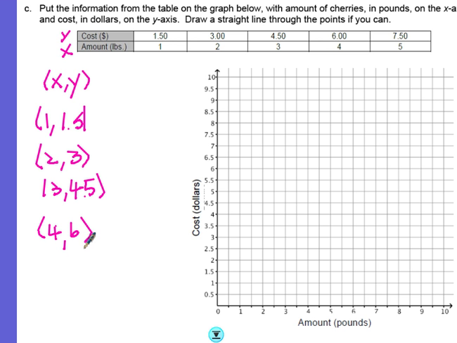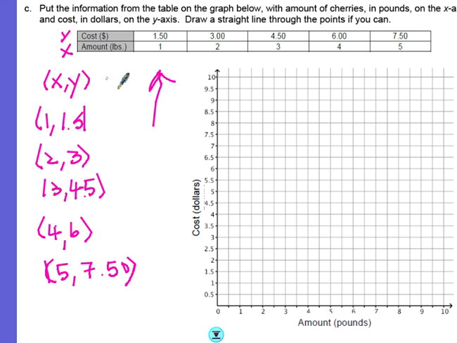And the last one, its x value is 5, so 5, 7.5. I got all those points from that table. And I'm going to graph them. Notice that the cost is a y value, so on the y-axis, it's labeled as cost. And the x-axis is labeled as amount, because amount is on the x, as you can see on the table.